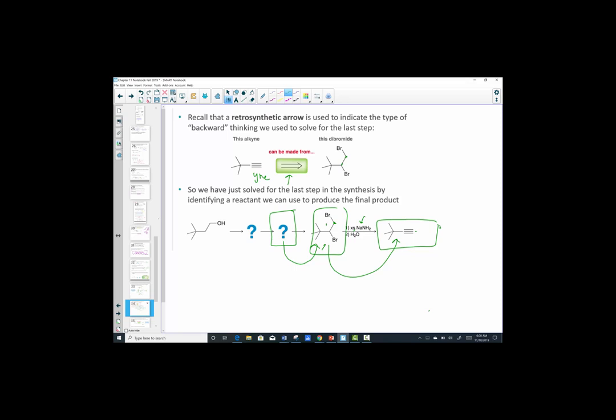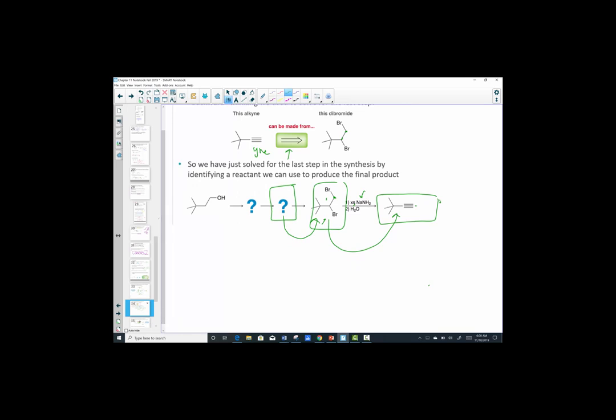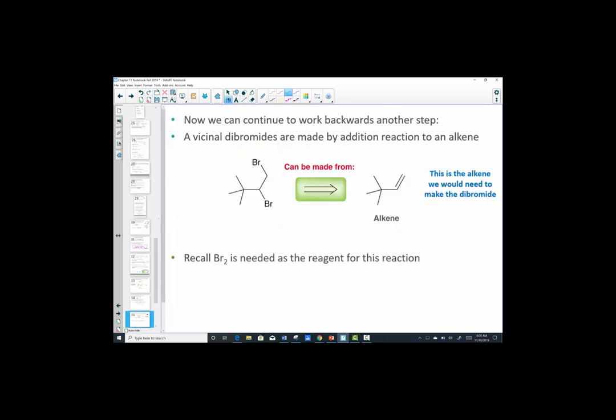What can I do to get that accomplished? And that's where you have to challenge yourself to think about your toolbox. Well, I know that it's going to be made from a bromine molecule. We're going to add an addition reaction to an alkene. So to create the dihalide, we need a double bond so that I can add across the double bond.